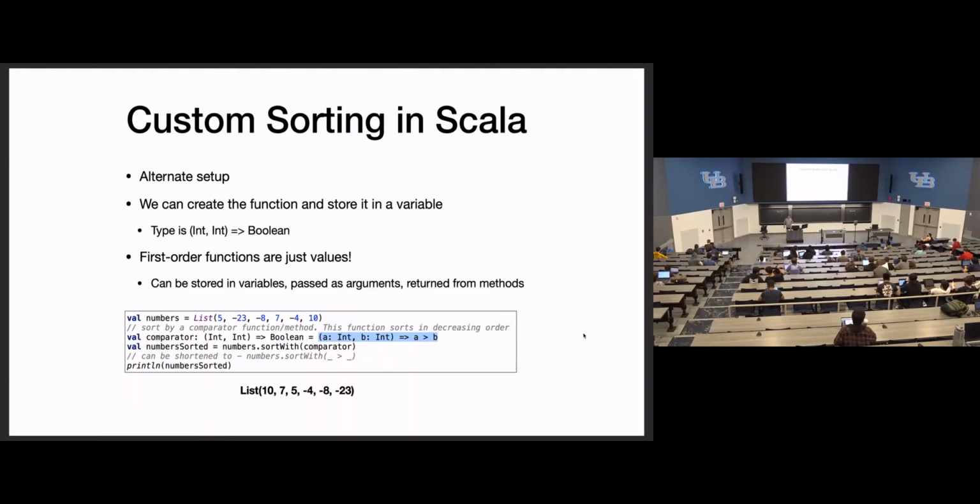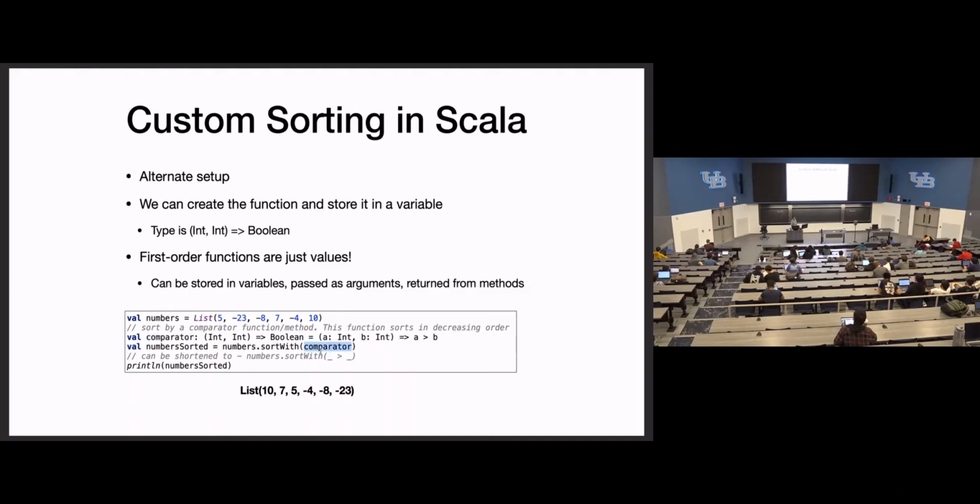So we have our function, the definition exactly the same as the previous slide. But instead of defining this directly in the call of sort with, I'm storing it in a variable, or value in this case. I'm storing it in a value, and then passing that value in as the parameter.